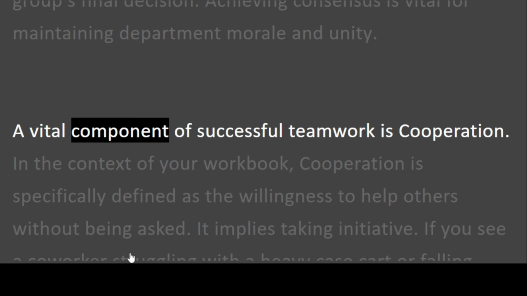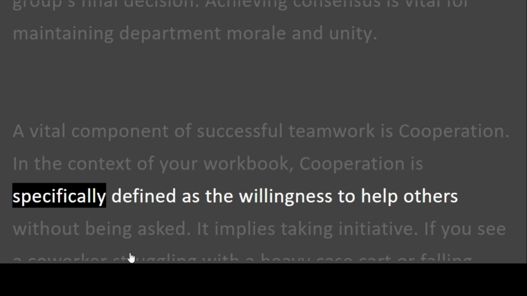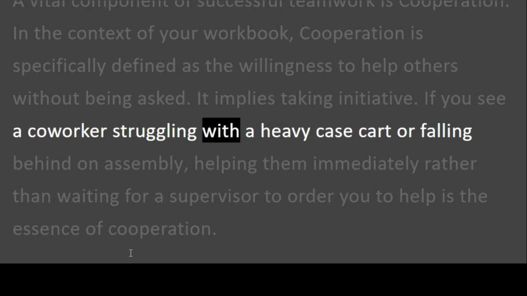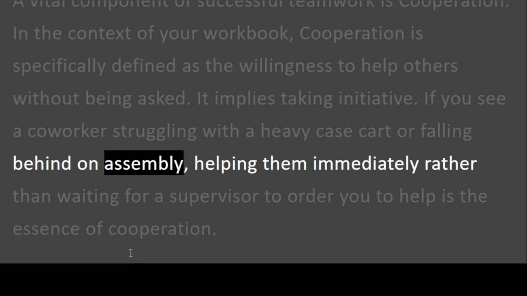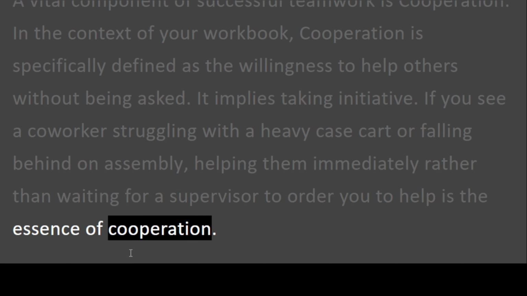A vital component of successful teamwork is cooperation. In the context of your workbook, cooperation is specifically defined as the willingness to help others without being asked. It implies taking initiative. If you see a coworker struggling with a heavy case cart or falling behind on assembly, helping them immediately rather than waiting for a supervisor to order you to help is the essence of cooperation.